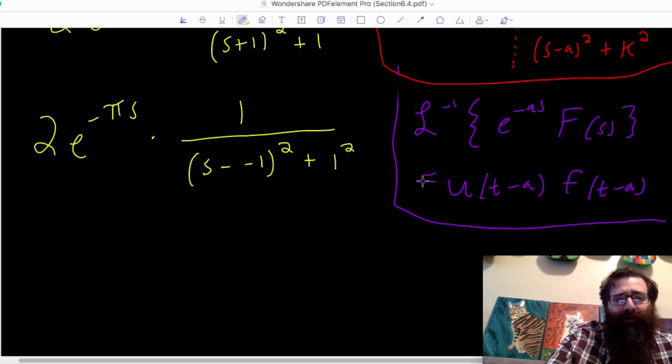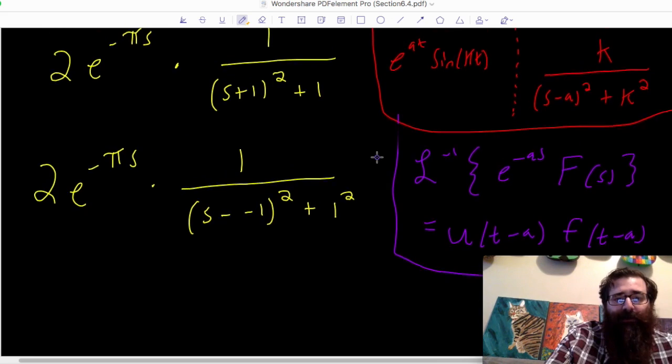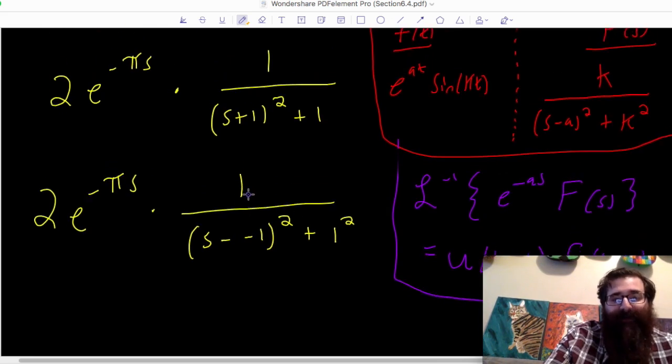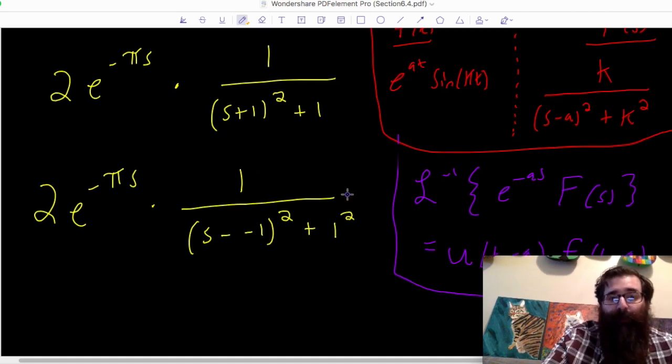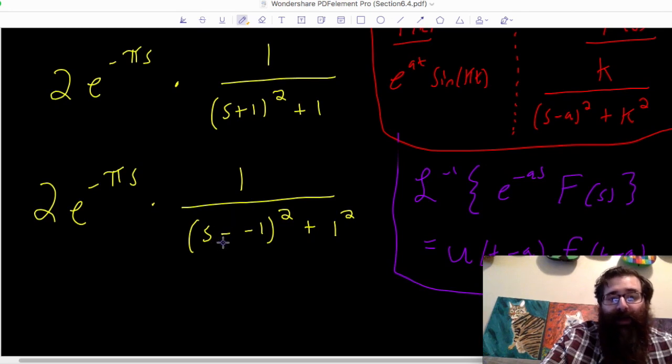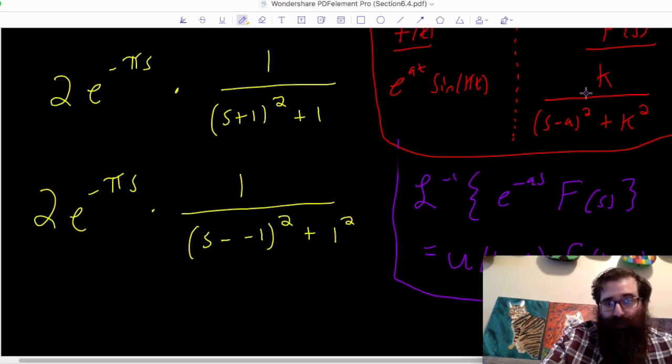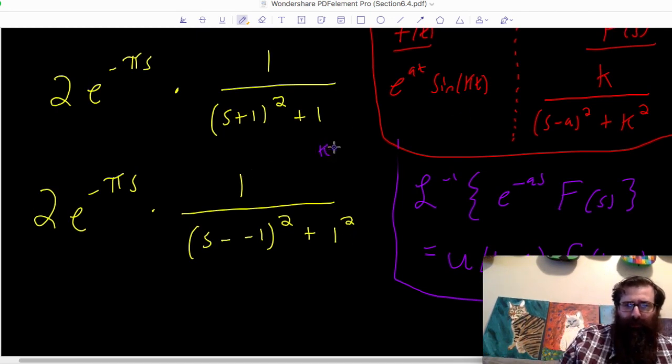What is important to do here is to be able to look at this. I can see the e to the minus as term already. I have the 2, it's a coefficient, big deal. But I want to focus on this capital F of s, this 1 over s minus negative 1 squared plus 1 squared. We've got 1 squared, so k is 1. And s minus a squared, a is negative 1.